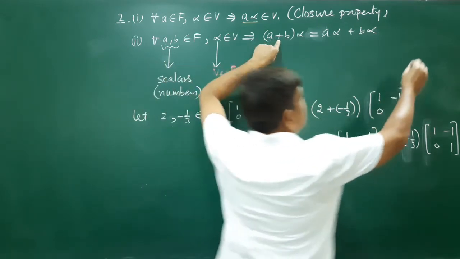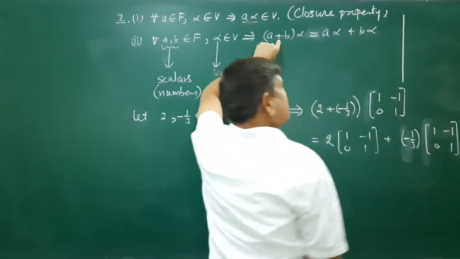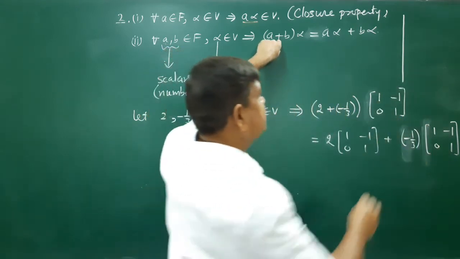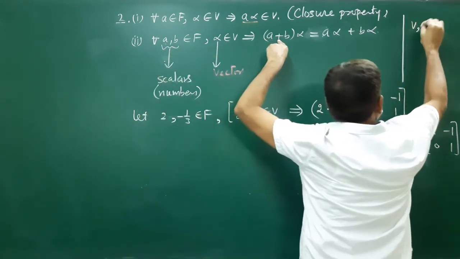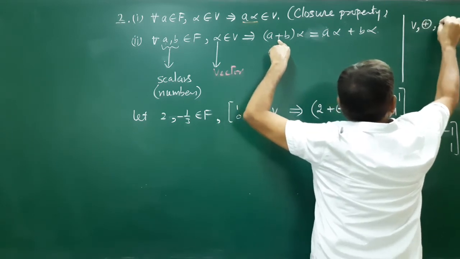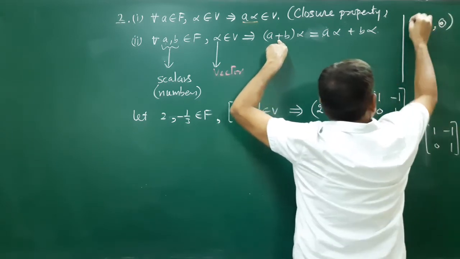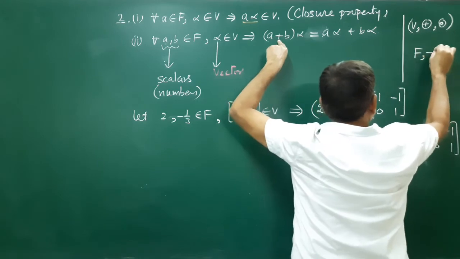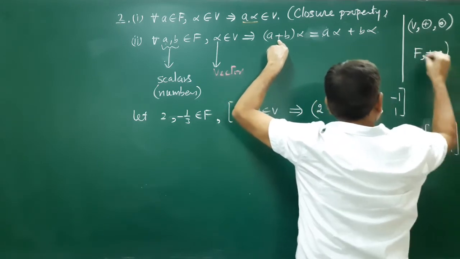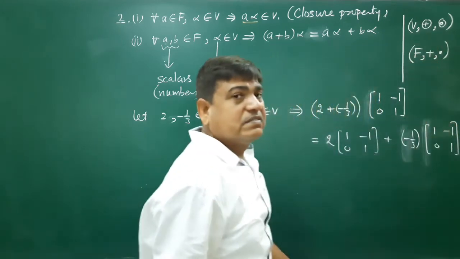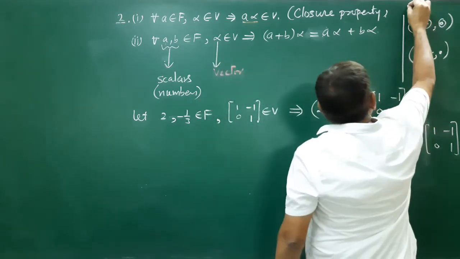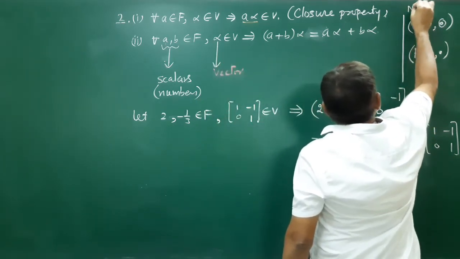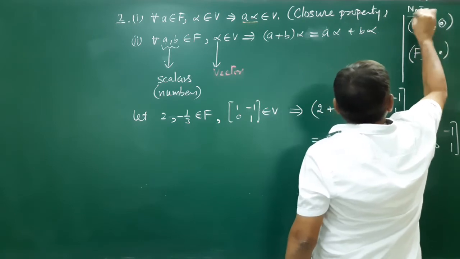There are 4 types of symbols: V, F and others. Note it carefully.